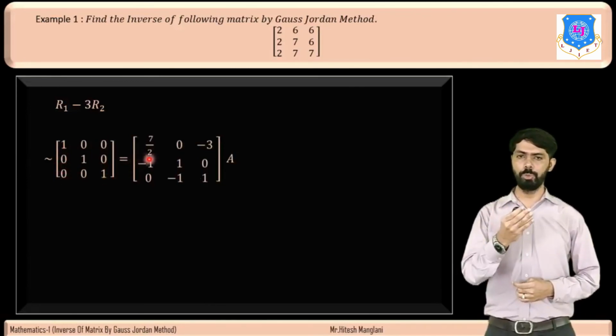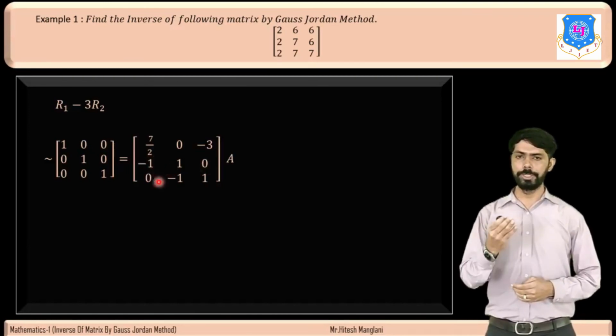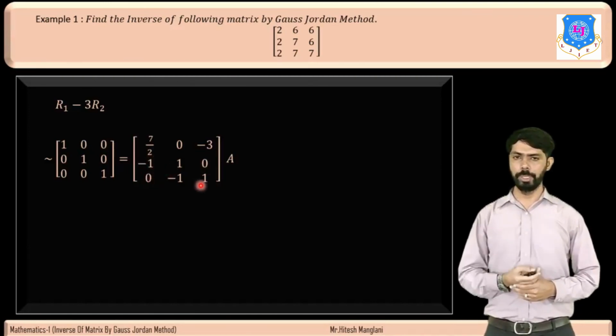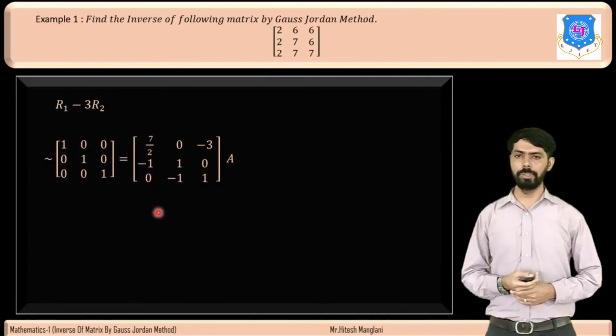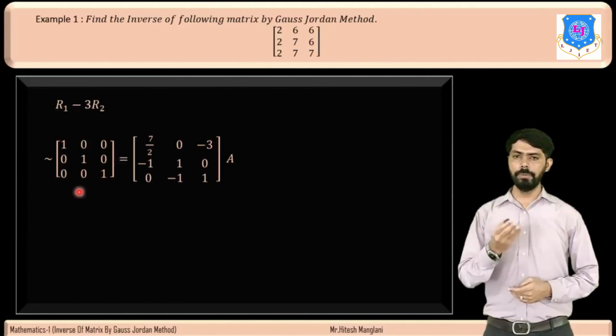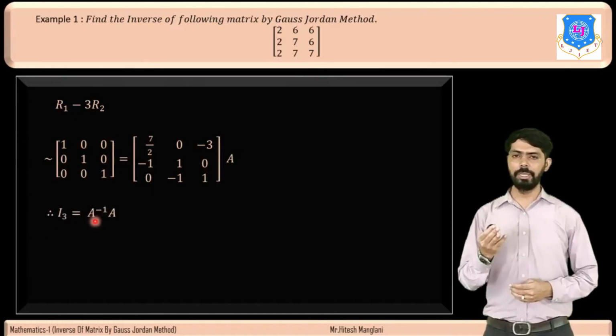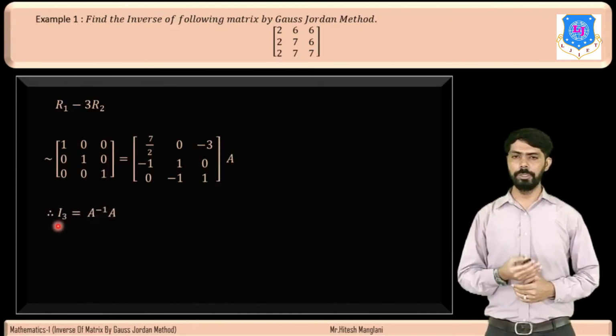So the next matrix will be [1, 0, 0; 0, 1, 0; 0, 0, 1] and on the right hand side [7/2, 0, minus 3; minus 1, 1, 0; 0, minus 1, 1] into A. So here, if you look at the left hand side, we have obtained the identity matrix. So we can say that I3 is equal to A inverse A. I3 means the identity matrix of order 3.